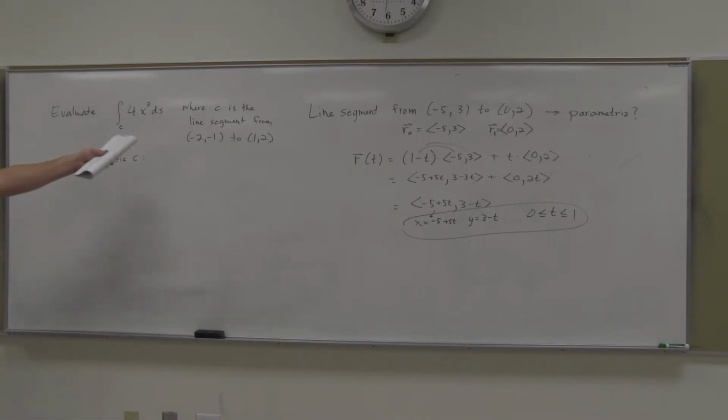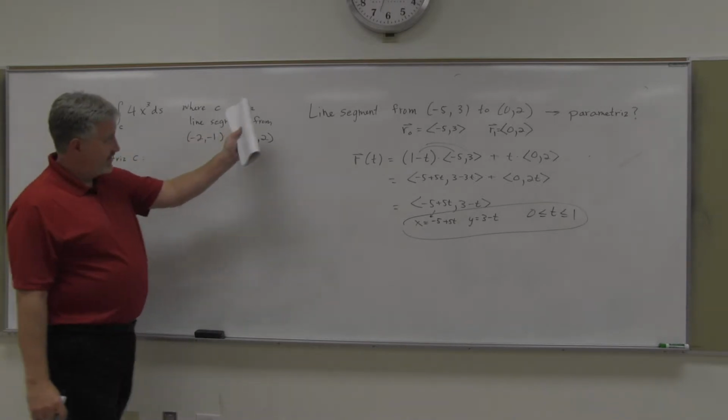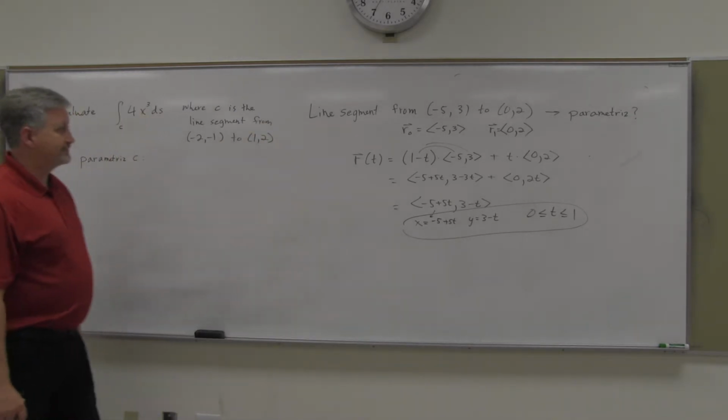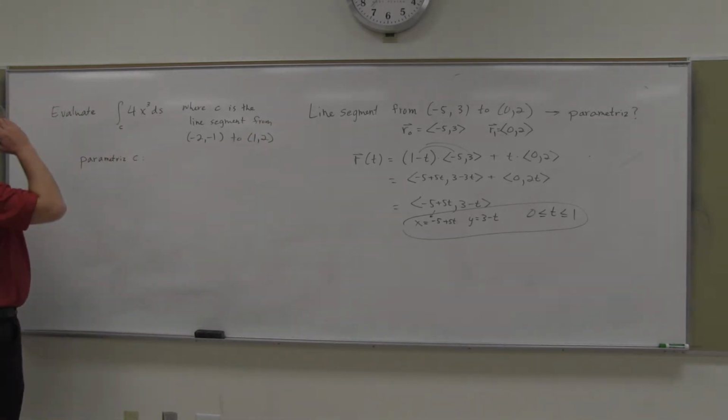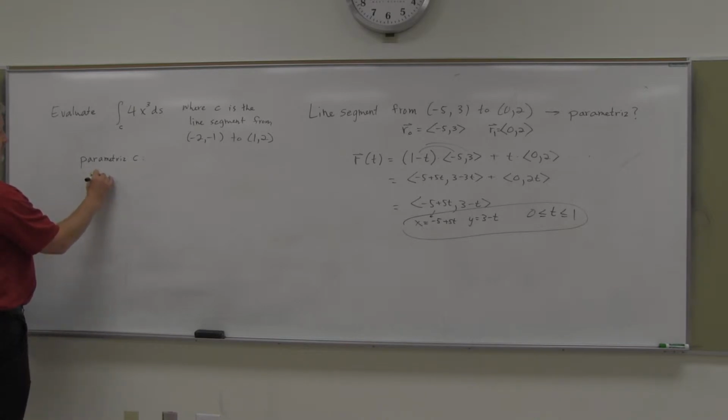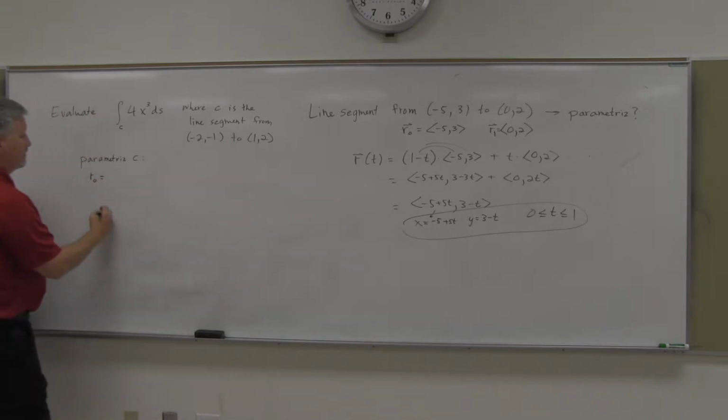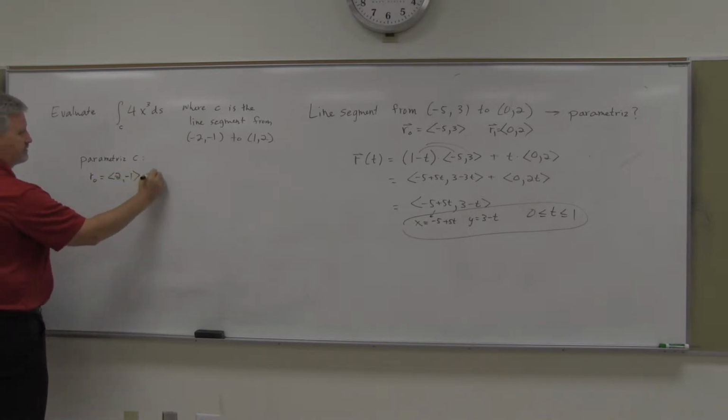One way to do this is just what we talked about. You assign R0 and R1, the vectors associated with those points.